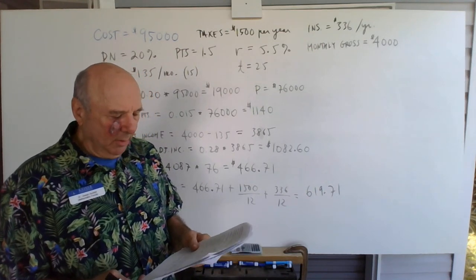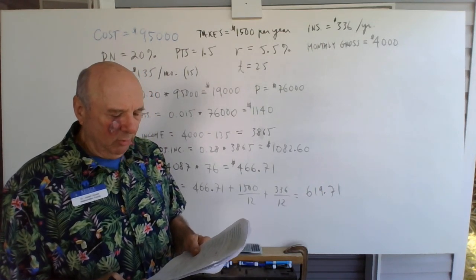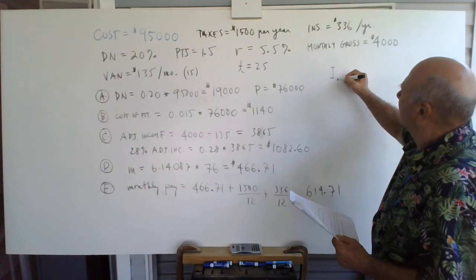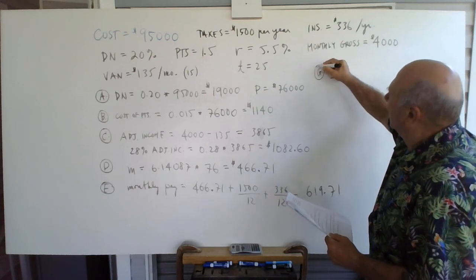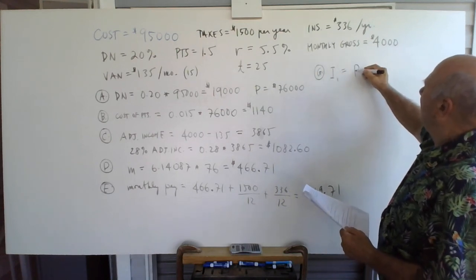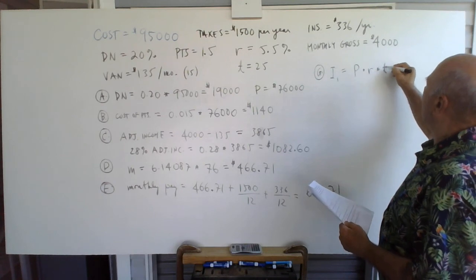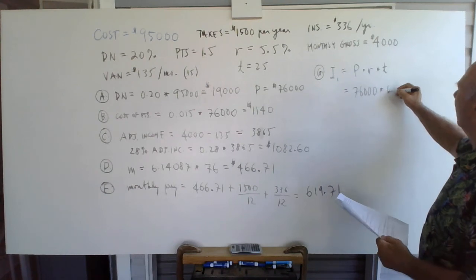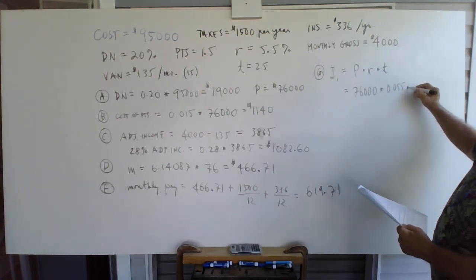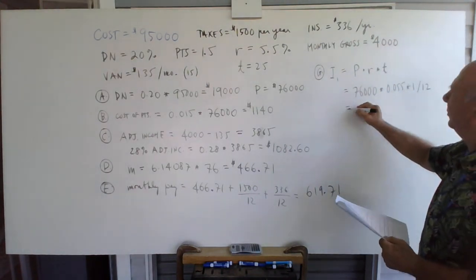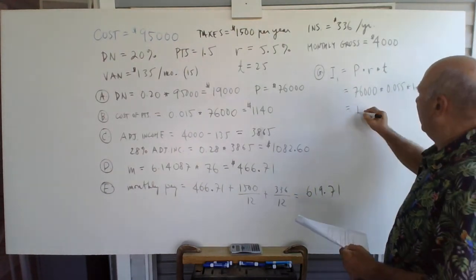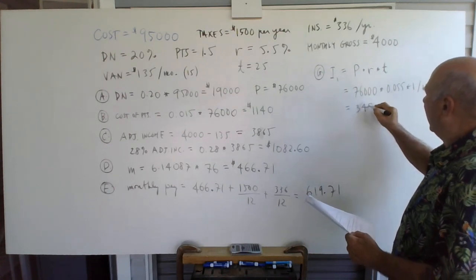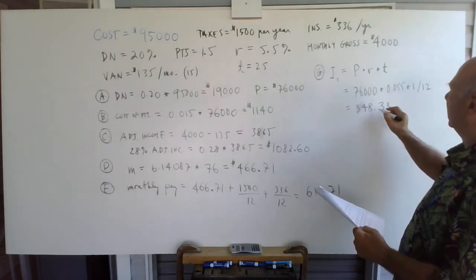So how much of the first mortgage payment will be applied to principal? So once again, we need I1. So this is part G. I1 is P times R times T. So the original principal is $76,000. The rate is 0.055, and it's 1/12. So the original first month's interest will be $348.33.